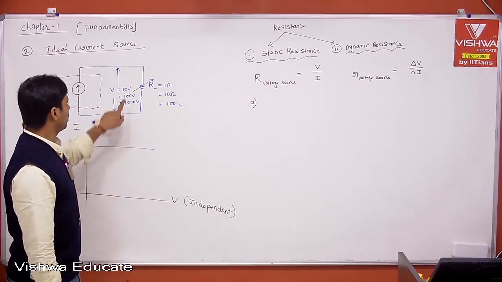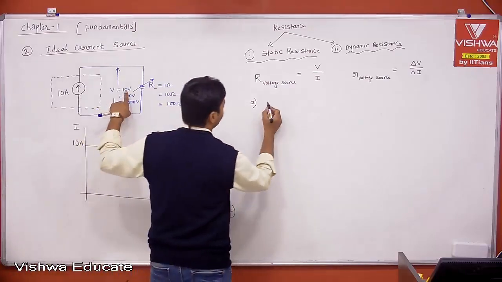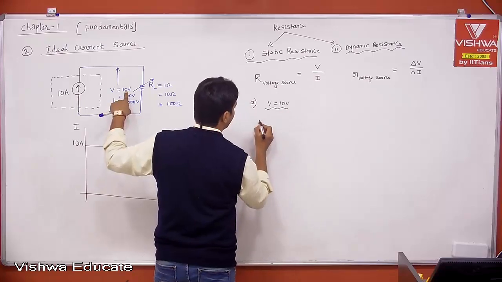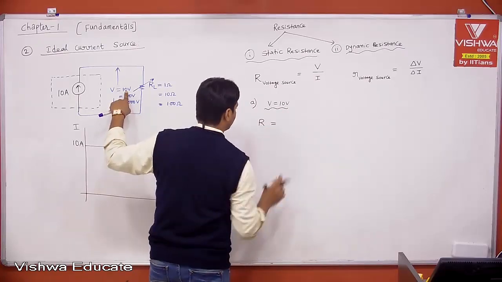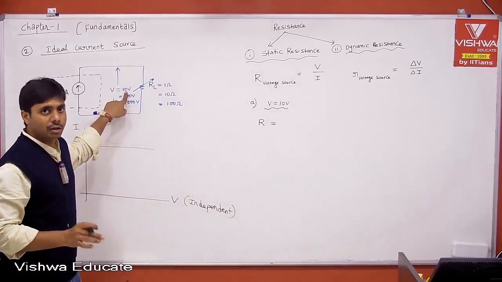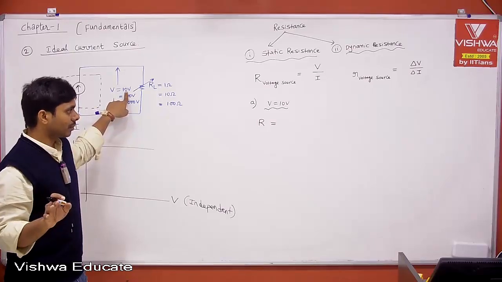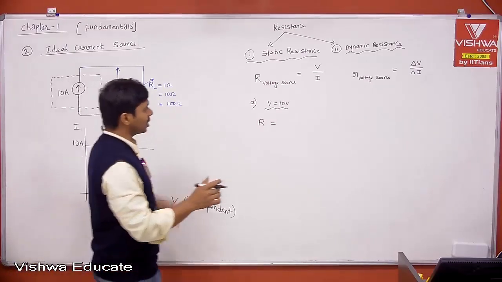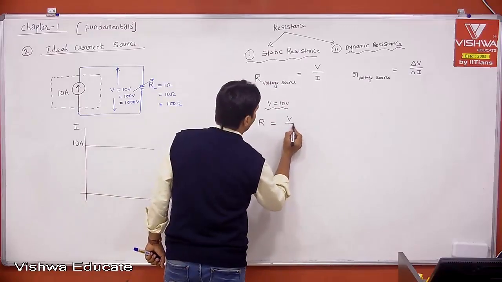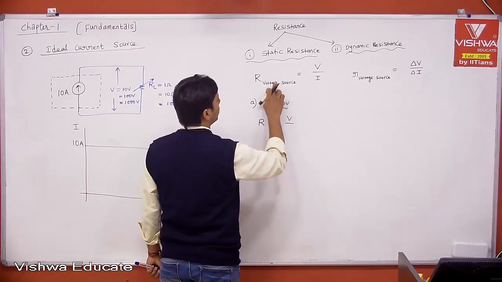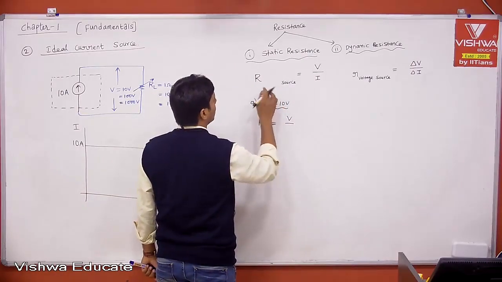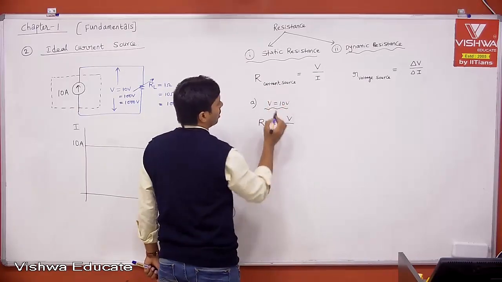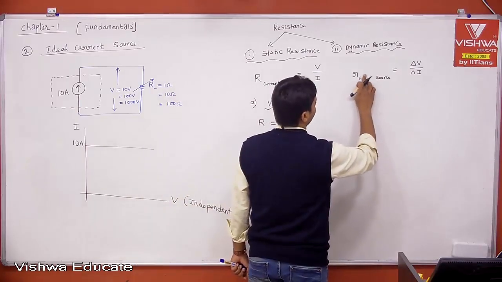Now tell me, case A. Let me take voltage equal to 10 volts. When voltage is 10 volts, tell me what is your R? Remember, this is not the voltage source, this is the current source. We are trying to get the resistance of the current source.